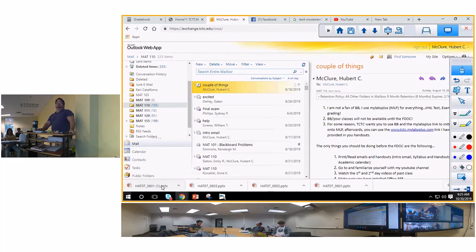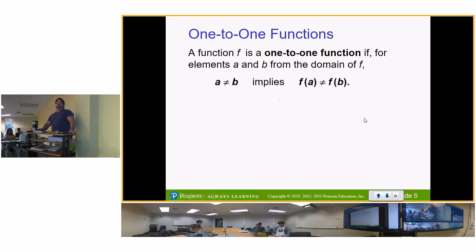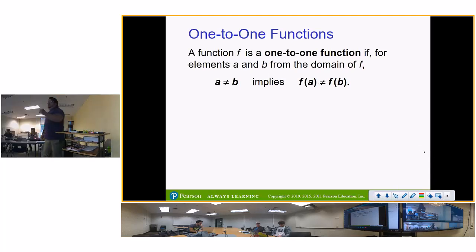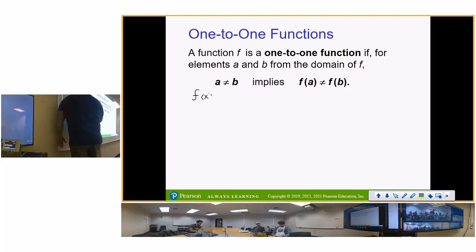So let's go to 6.1. Now, 6.1, we're talking about inverse functions. All right, so what is an inverse function? Well, I'm going to show you what an inverse function looks like. As we talked about before, you've got a function f of x equals x squared.